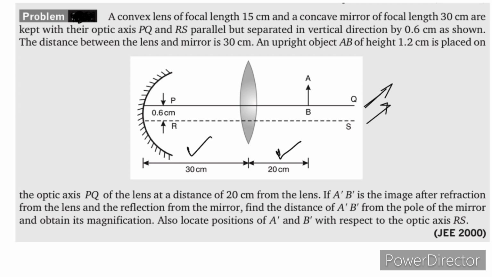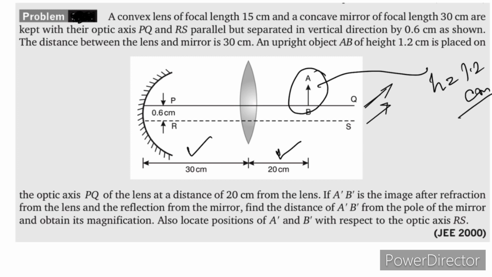And an upright object AB of height 1.2 centimeter is placed on the optic axis PQ. So this is the object, which is of the height of 1.2 centimeter.